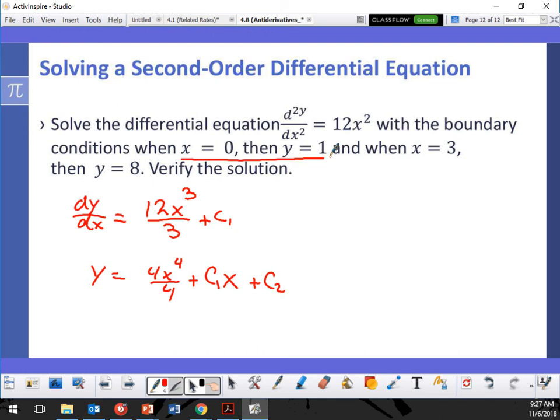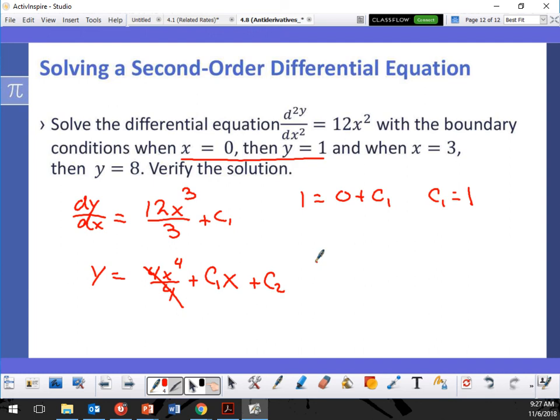So I'd have 1 equals, now if x is 0, this becomes 0 plus c1. So c1 equals 1. That's going to be helpful here. Now on the next one, watch, I'm going to reduce that. Bam! Makes it so much better.